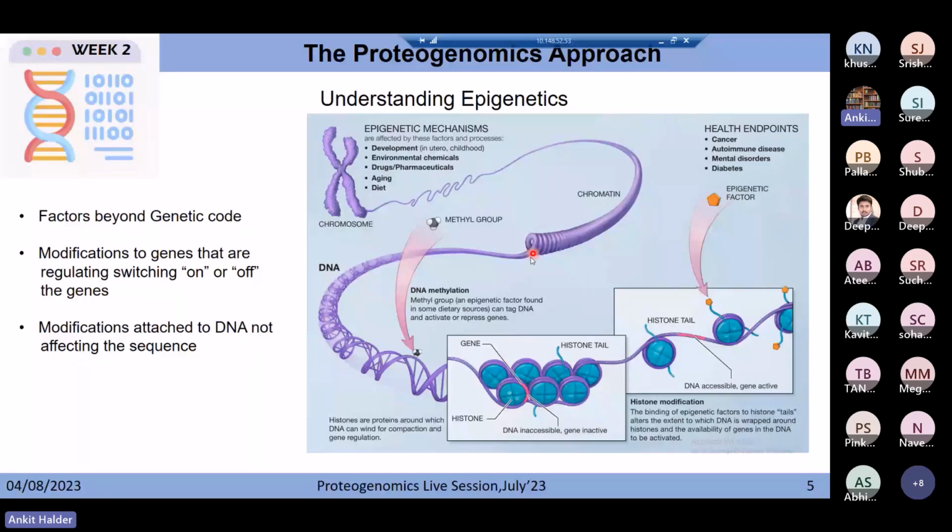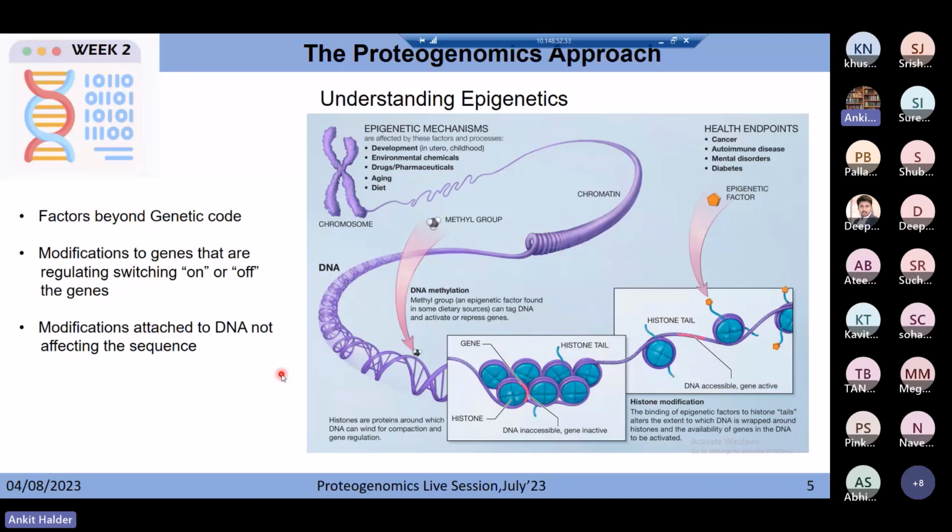Another thing which is beyond our genetic code is epigenetics. It refers to the modifications that regulate the switching on or off of the gene. These are modifications attached to the DNA and not the sequence. So now you can appreciate that knowing only the sequence doesn't lead us to an understanding of the whole thing easily.